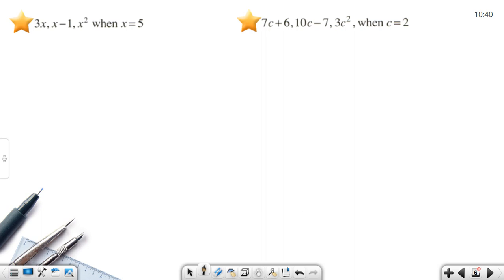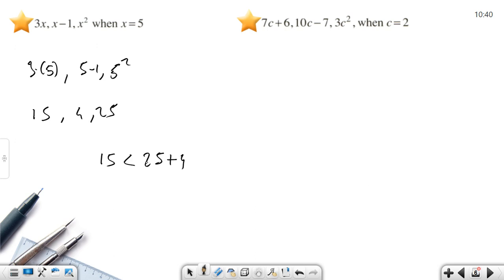I want to solve one example with a variable. What is x? 5. So if these are the sides, 3 times 5, 5 minus 1, and 5 squared, these are the sides: 15, 4, 25. Can a triangle have these lengths? Let's try. 15 must be less than 25 plus 4, and 15 must be greater than 25 minus 4.